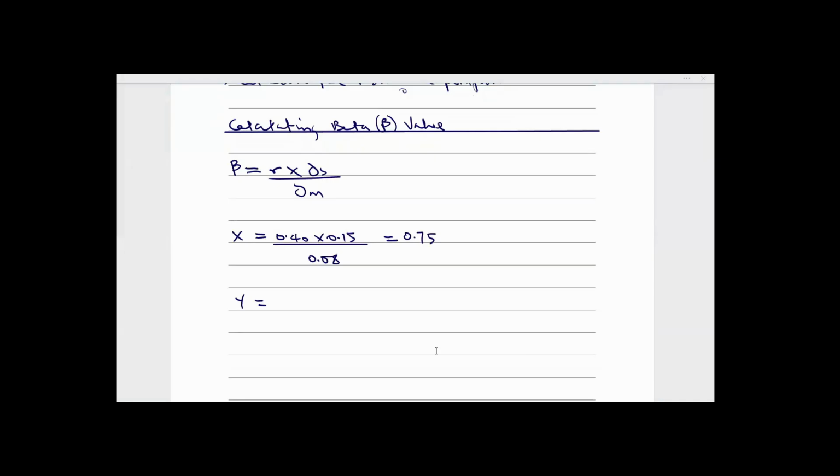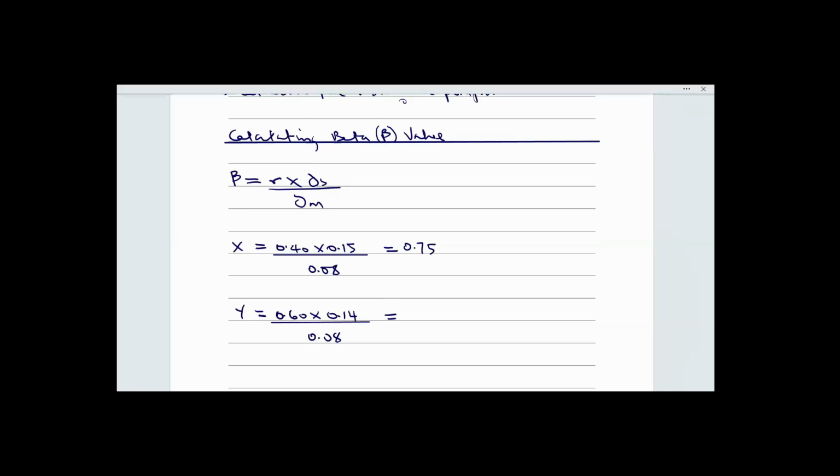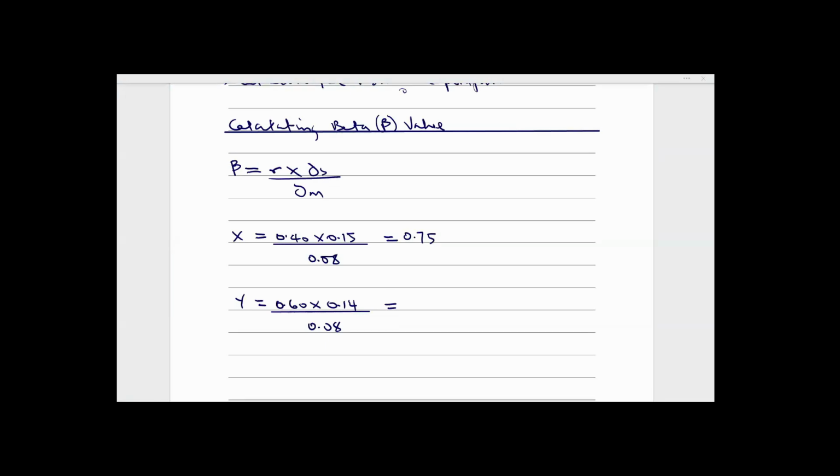So 0.60 multiplied by 0.14, over the risk of the market, 8%. What do we have? Let me check. 1.05. All right.